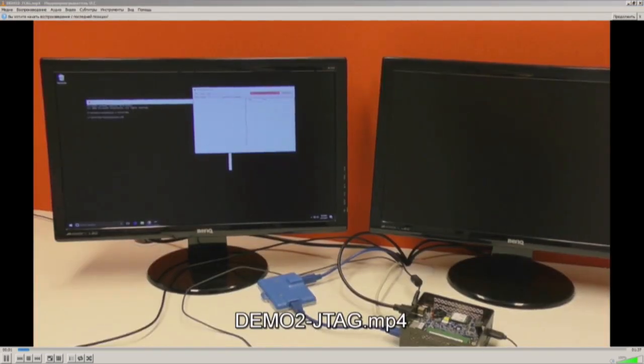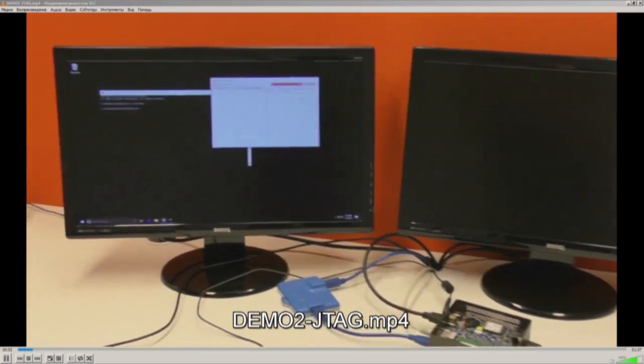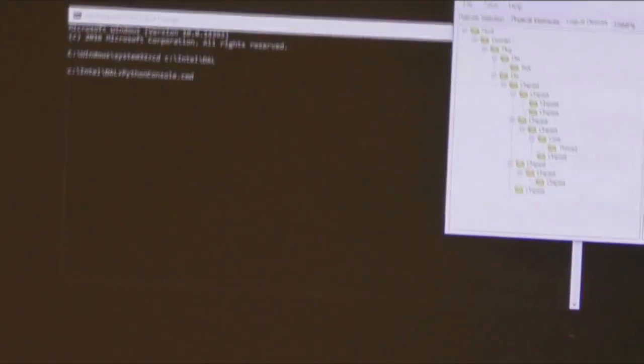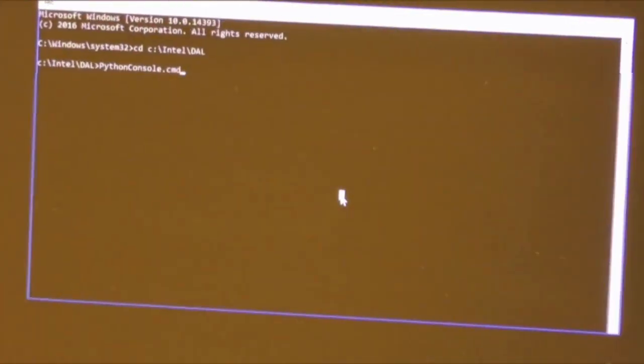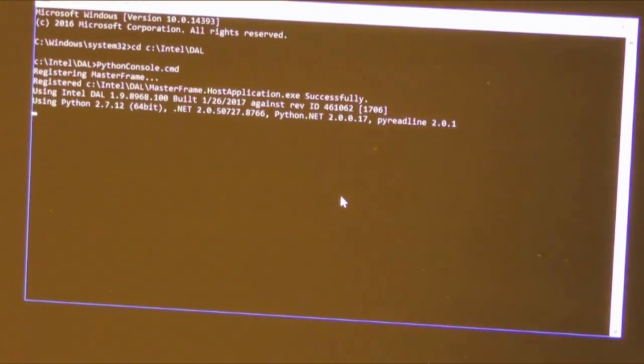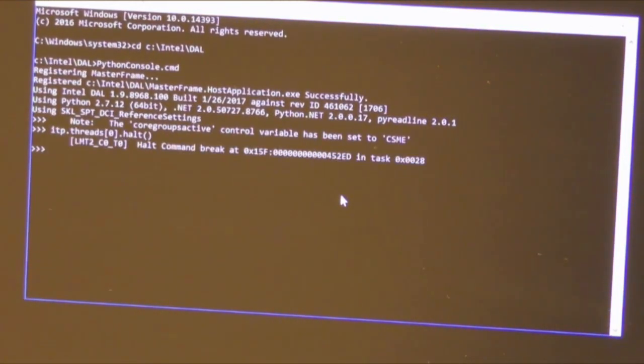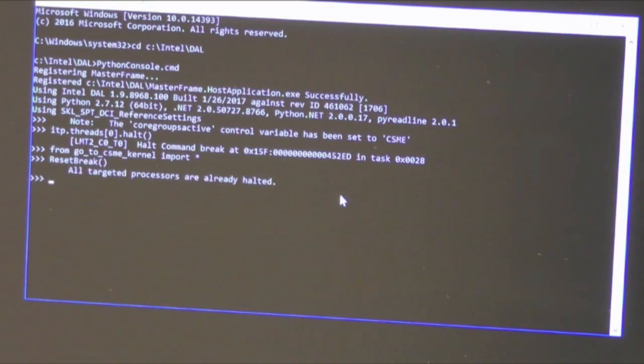The next video is about JTAG. We activated JTAG. It's a debugging technique for engineers on the system. There is some misunderstanding. People think that we exploit the vulnerability via JTAG.